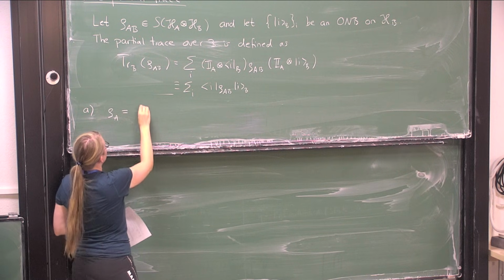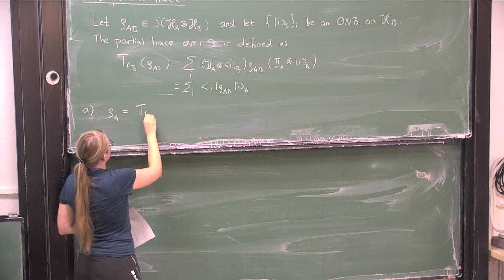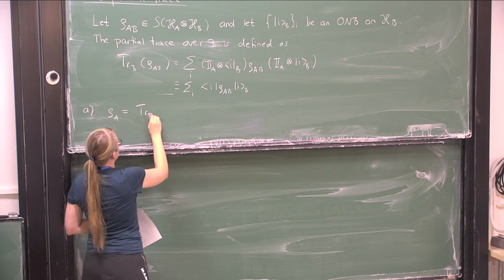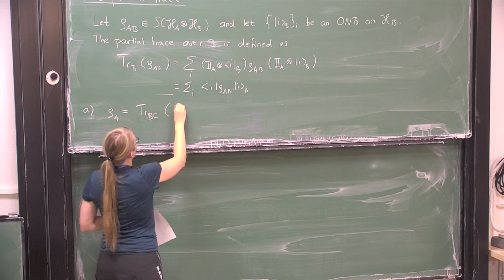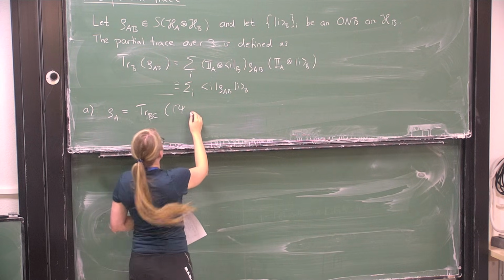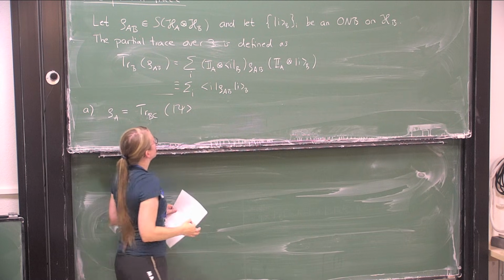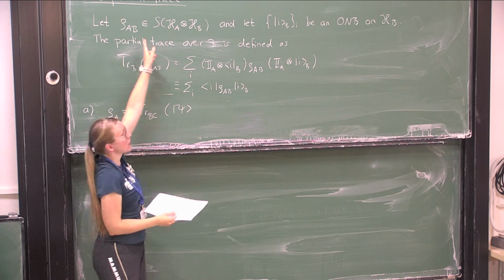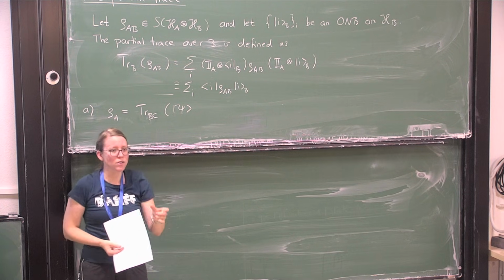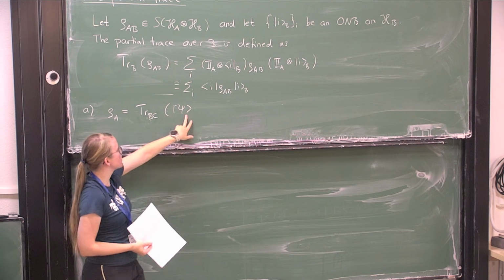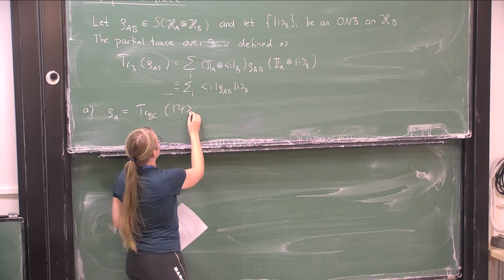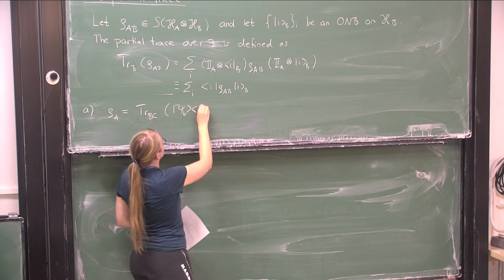So the state on Alice's side is the partial trace over Bob and Charlie of the tripartite state. And you see the partial trace only works for density matrices. There's no partial trace for pure states, so for vectors. So we also have to build the density matrix from the state that we have.